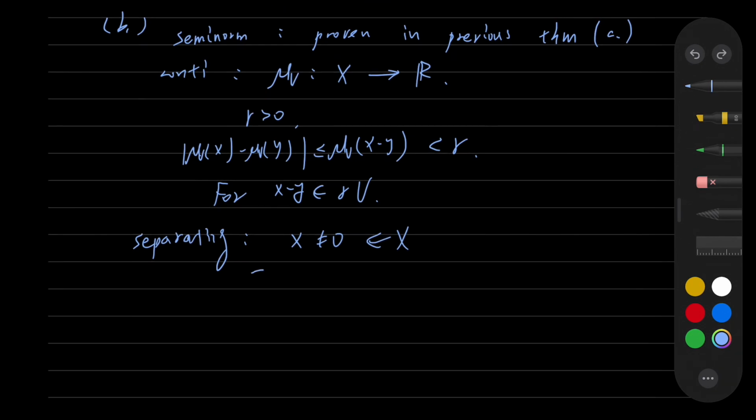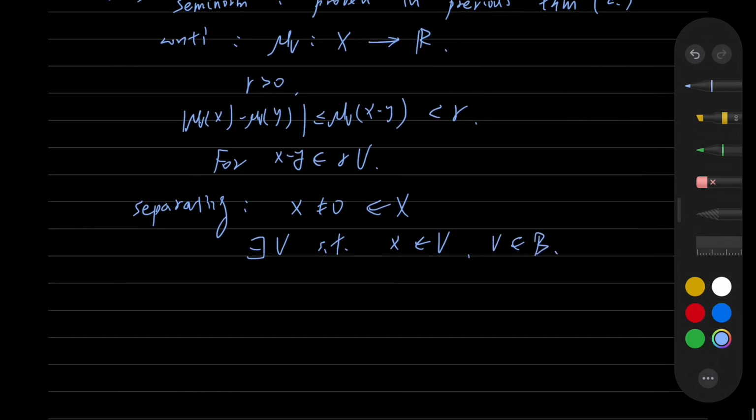So this is also trivial because there exists V such that x is not in V, and V is inside the local base. So mu V of x is larger than or equal to 1, which is clearly not zero. So we're done.